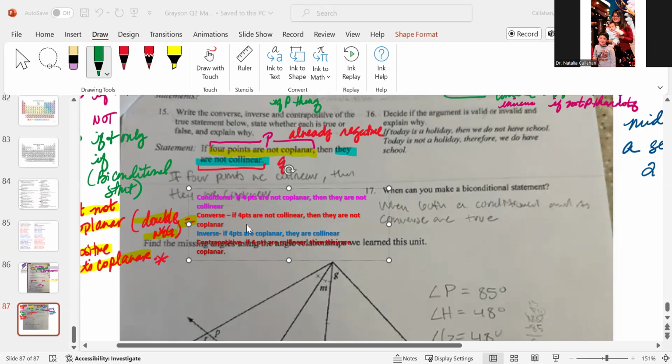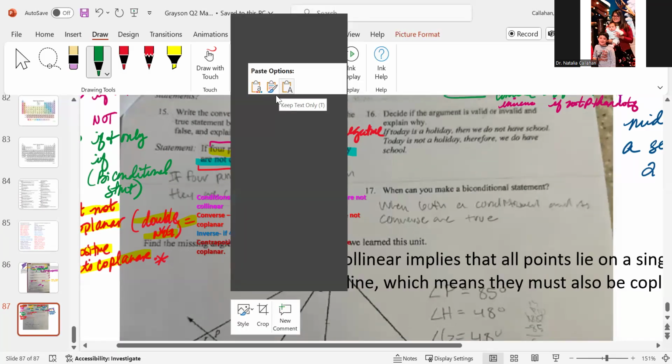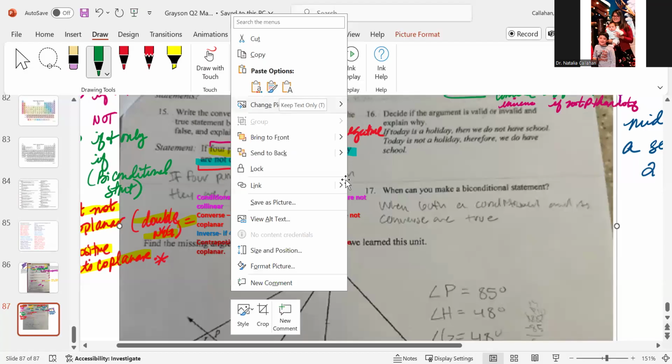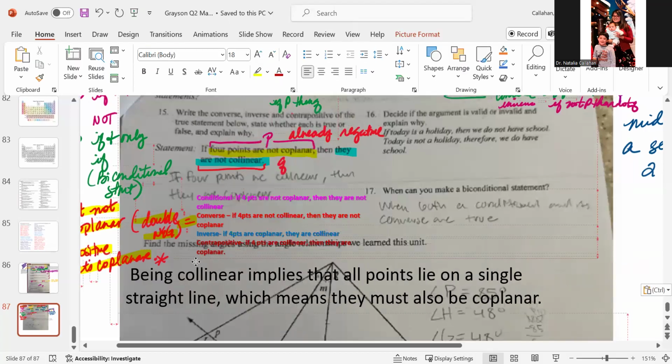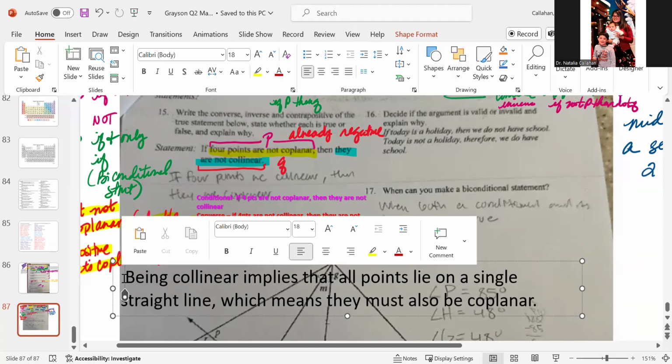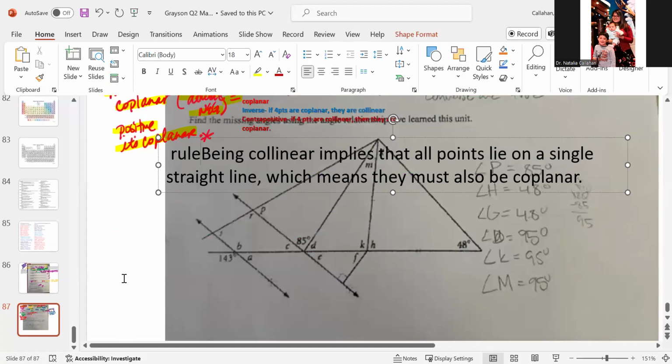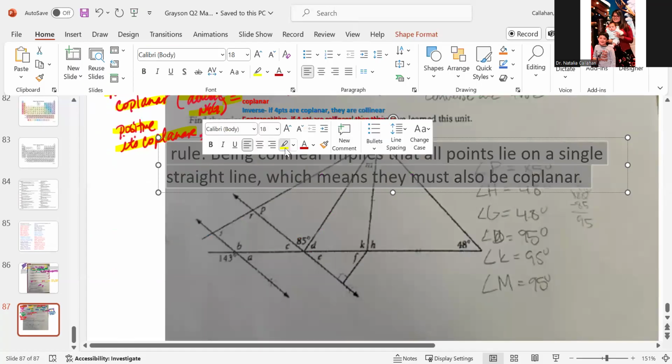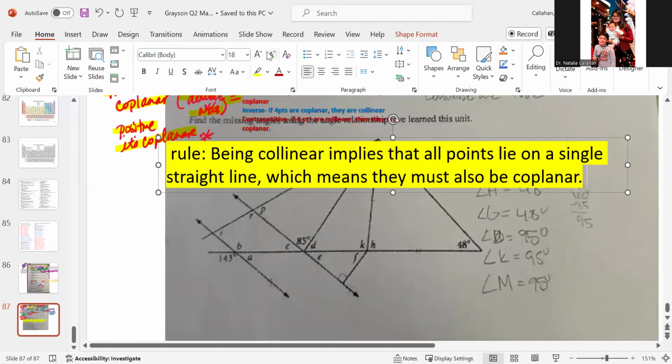So that is something that you need to put in your notebook. No, your notebook. So that way you have that. Highlight it. Yeah. So this is a rule, okay? So I'm just gonna put a rule, put a semicolon, so that way you know. And I'll highlight it for you.